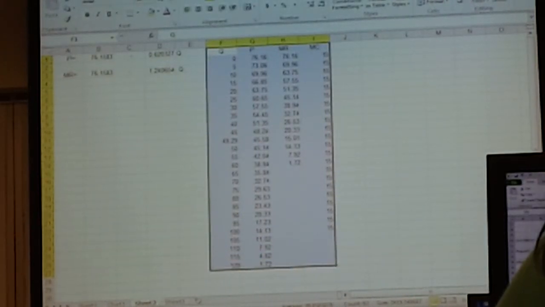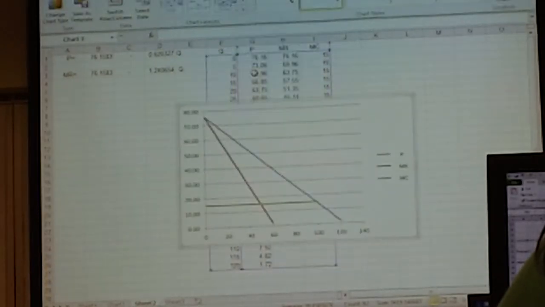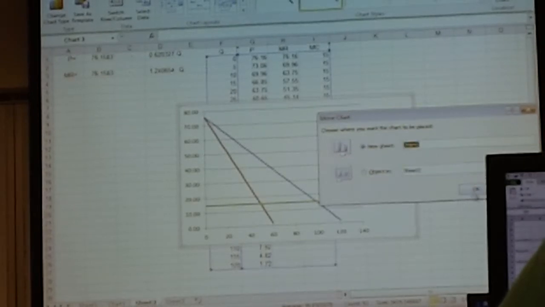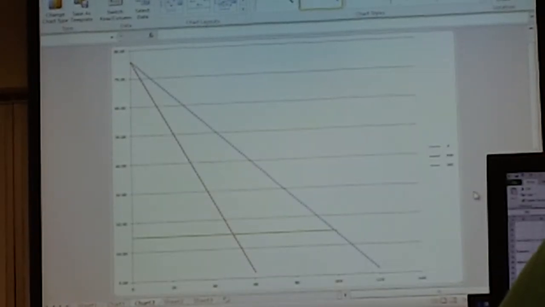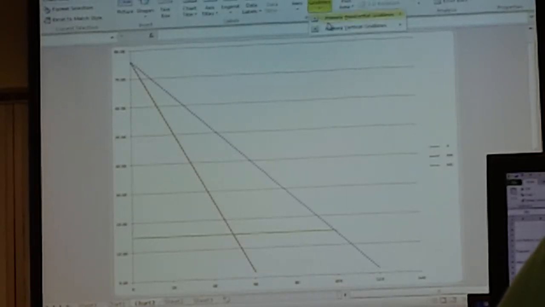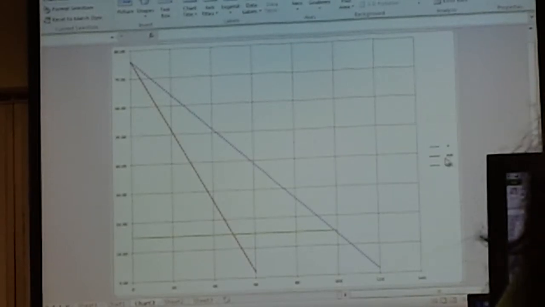All right. Now let's move this chart. Is it coffee, right?